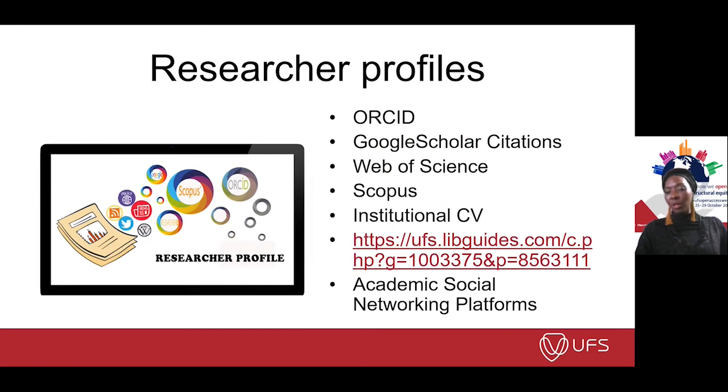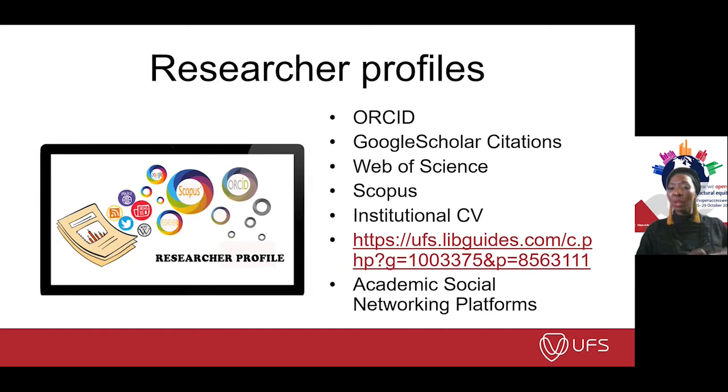And another method that you can apply to enhance your online identity as a researcher is by creating researcher profiles. There are various researcher profiles that you can create. You can create an ORCID. You can basically use an ORCID as a branding tool as well, your academic branding tool as a researcher. And what's nice about ORCID is that you are able to integrate it with other researcher profiles.